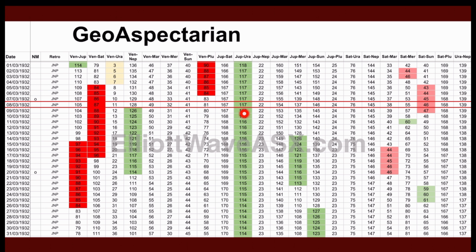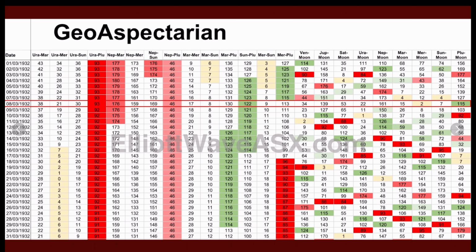We've got Jupiter-Uranus in a trine, and scrolling to the right, we've got Uranus-Pluto squared, Neptune-Mars opposite, the Sun and Pluto trine, and Mercury and Moon conjunct, and lastly Pluto and the Moon in a trine.